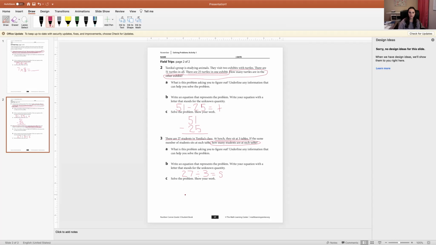So you can either figure out what times 3 equals 27, or you can draw a picture. You can draw 3 tables like this, and then count to 27.